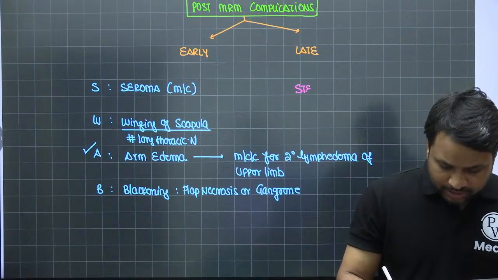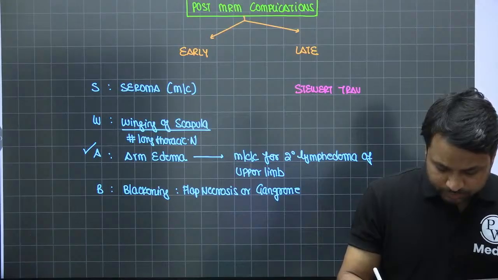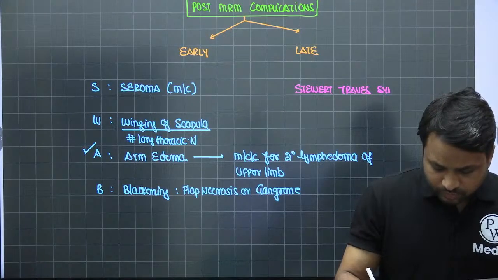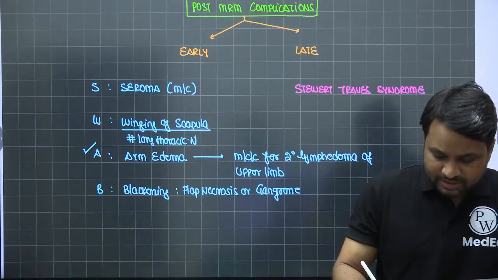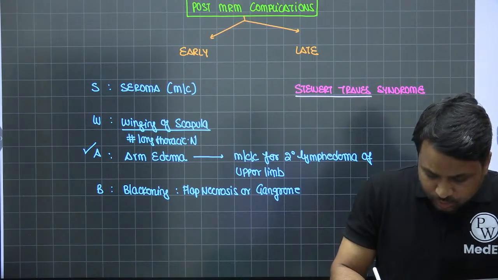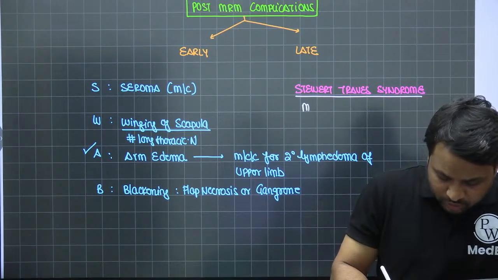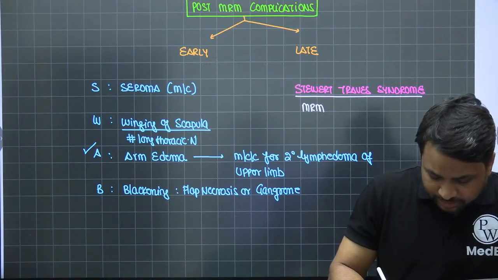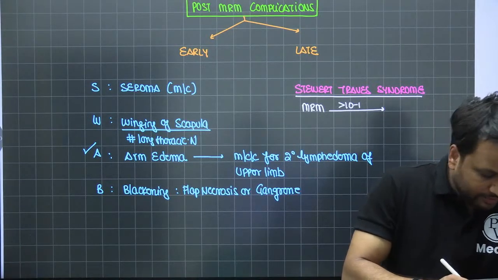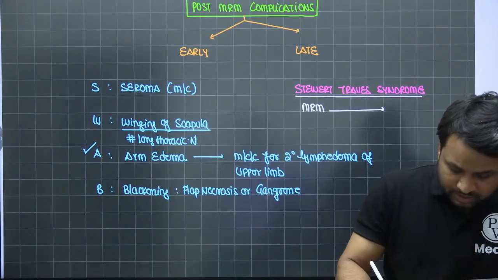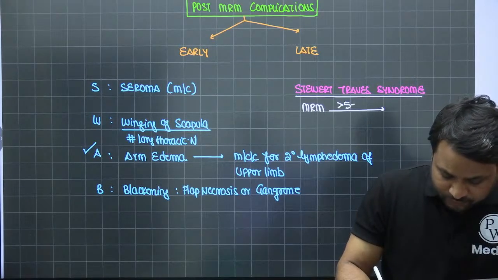Stewart-Treves syndrome. The late complication is what we call Stewart-Treves syndrome. Remember, in Stewart-Treves syndrome, a patient would have undergone a modified radical mastectomy. It takes a minimum of 5 to 10 years, or even 10 to 15 years.